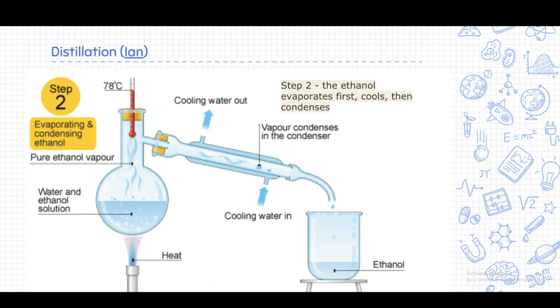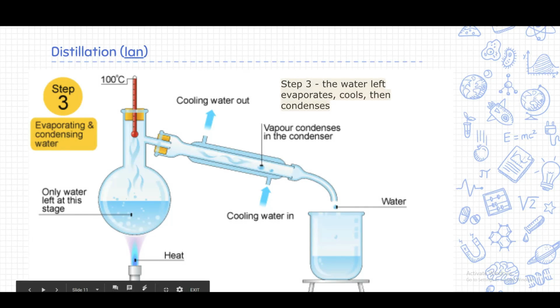Then, if you want to be even more particular with your water, you heat your water and collect it in another flask. I trust you're not that dumb, right? And so, we have water left. It's pretty cool. It's a pretty foolproof technique.